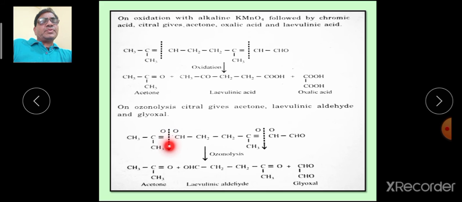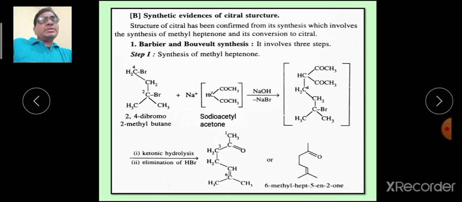The first molecule forms acetone and the levulinic aldehyde, and the glycol is formed by consumption of the second molecule. Now this structure of citral is confirmed by its synthesis.